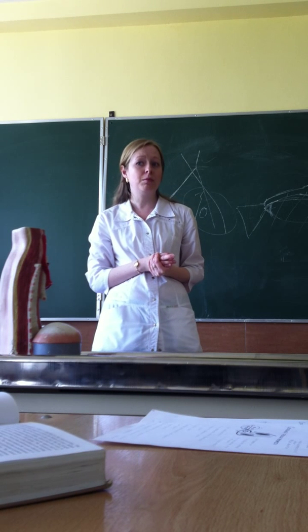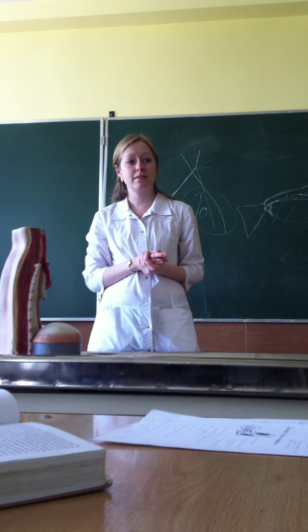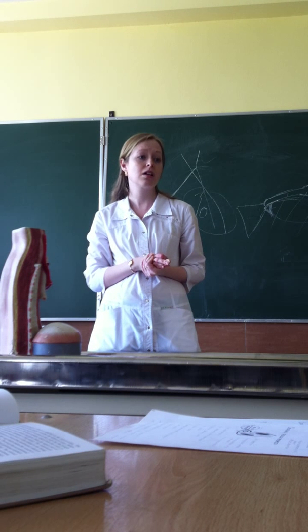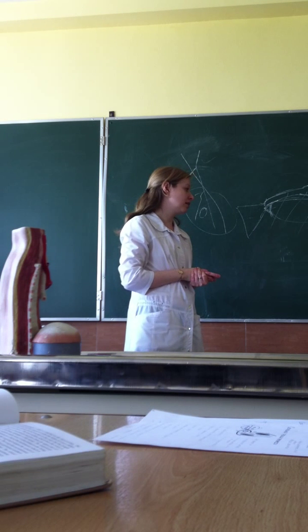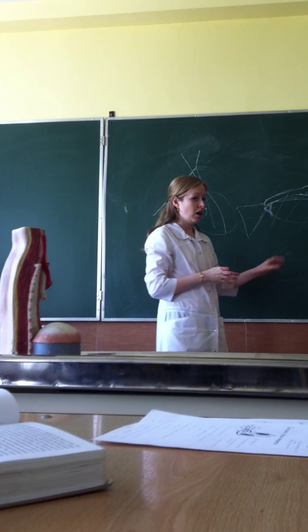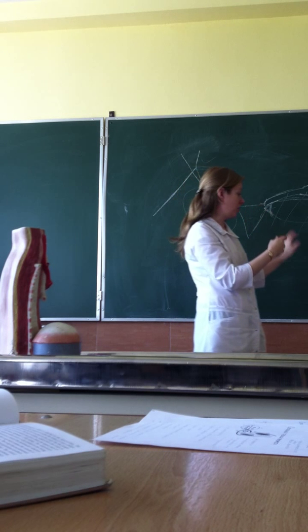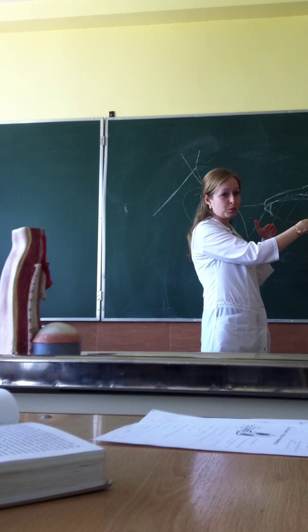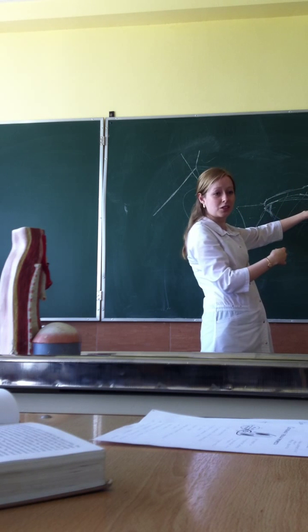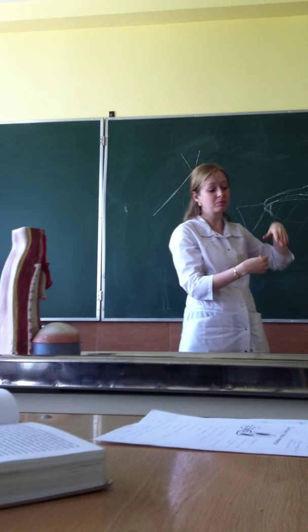Through this ligament vessels pass to the ovary, which supply this organ. Also, what is interesting, in young girls the position of the ovary, like testis, is vertical. After puberty it moves to horizontal, as here.